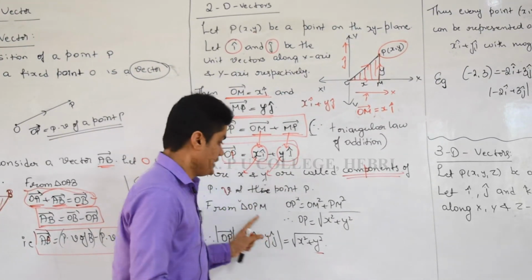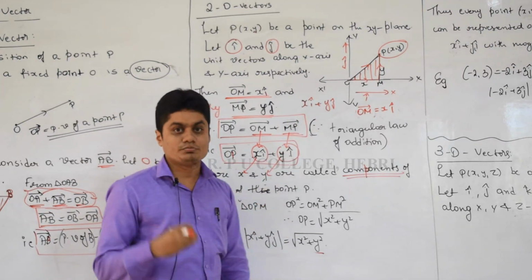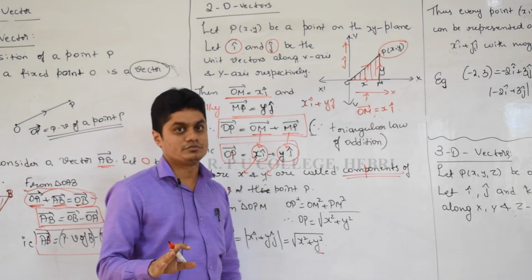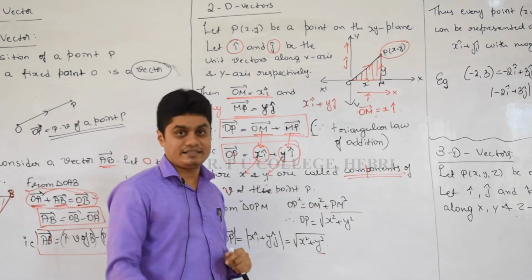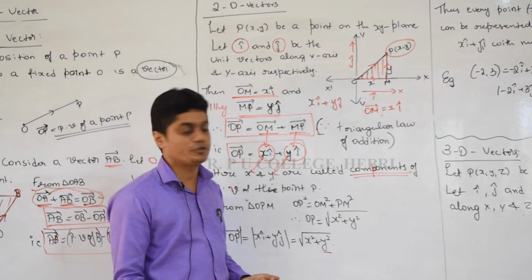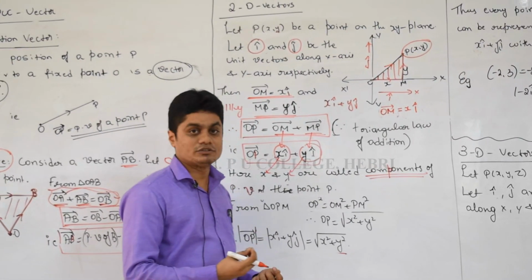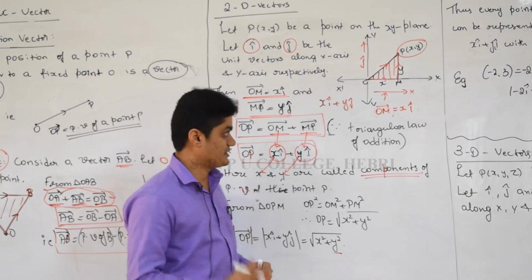Please remember that. Using the same diagram, after getting a vector, you must be able to decide its magnitude. The direction you already understood, from O to P. Now you have to decide its magnitude, because if you know only the direction, you cannot use that vector anywhere. So for a vector, you must be able to decide its magnitude as well as direction.